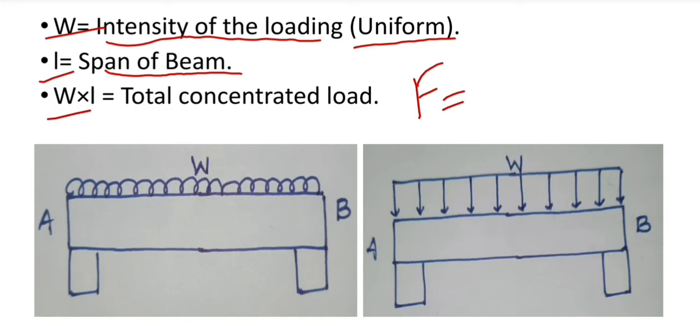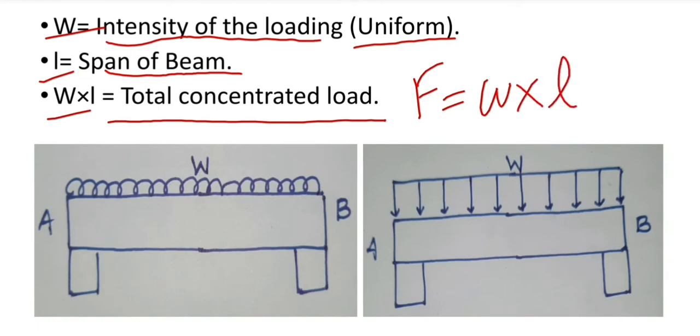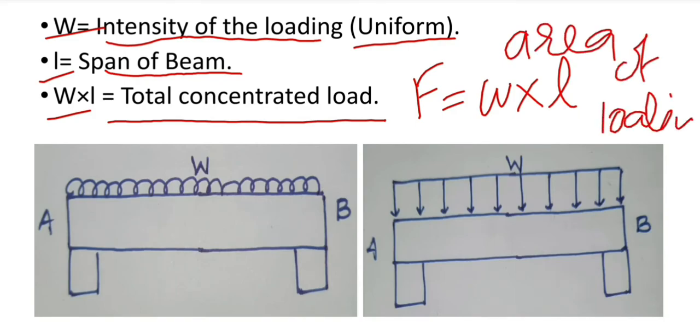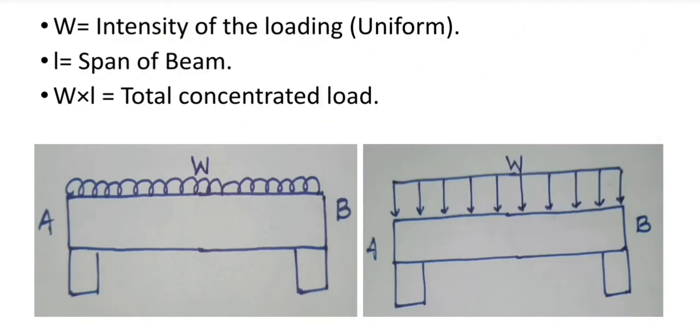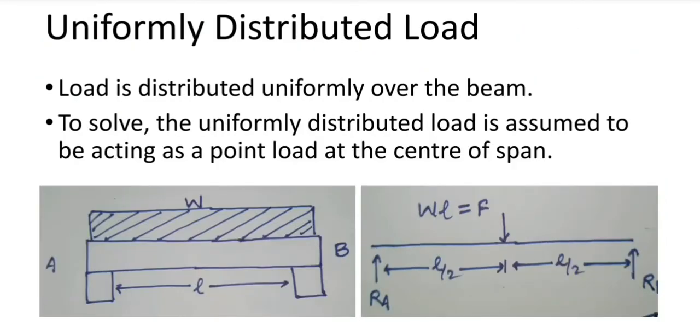Then W into L will be the total concentrated load, that is, F will be W into L. We can also call it the area of loading. What is W? Intensity, and L is the span of the beam. See here, so the force F is applied at length L by 2 from both the sides, and F is equal to W into L.